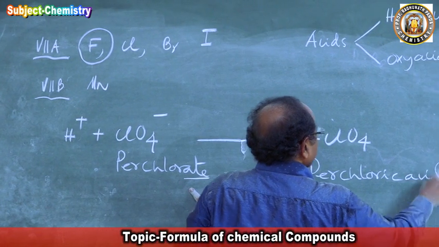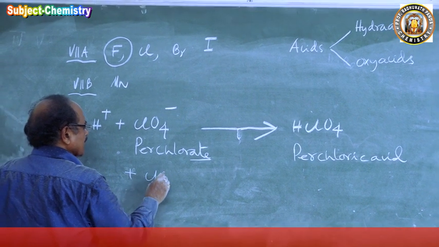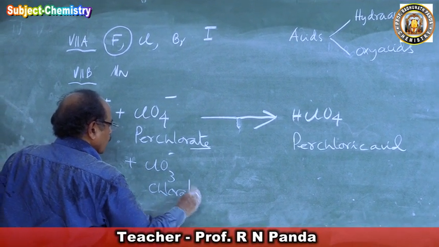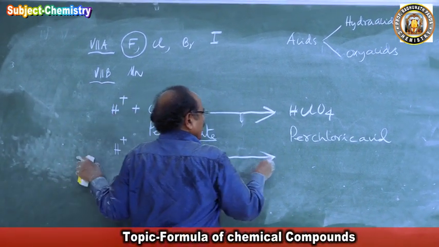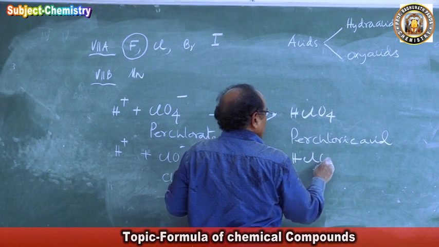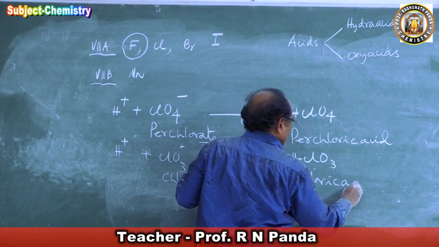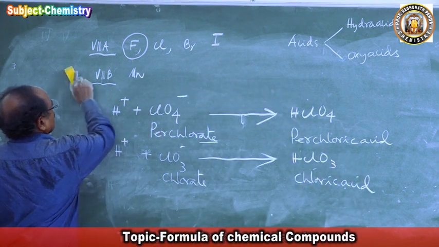And now ClO3 minus is chlorate. So H plus, the formula will be HClO3. Chlorate, minus ATE plus IC acid, so chloric acid.